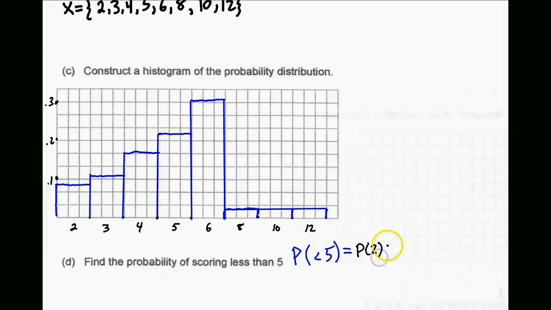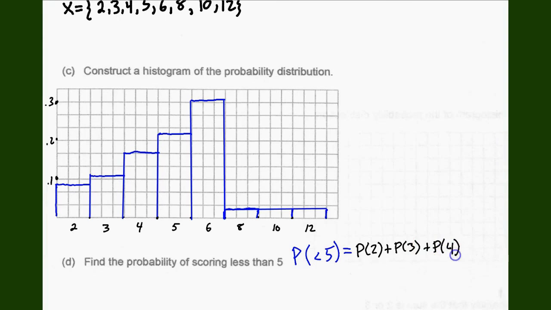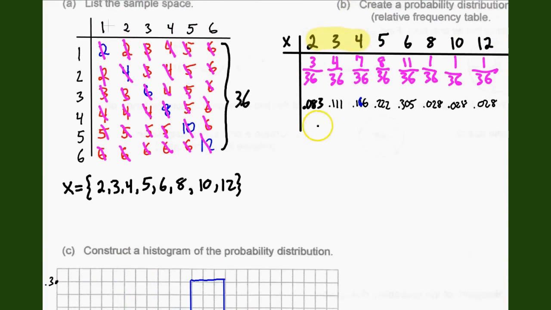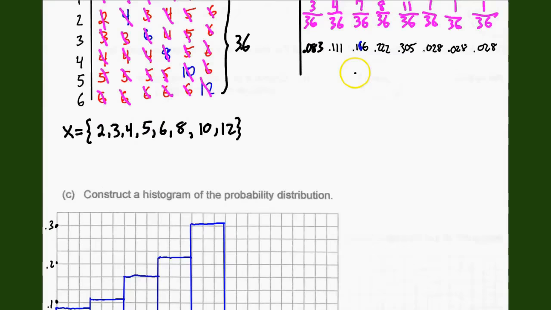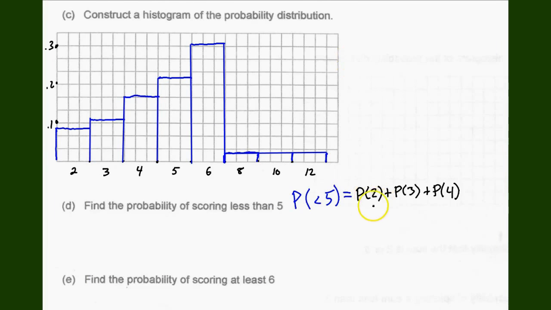Probability of getting a 2 plus probability of getting a 3 plus probability of getting a 4, which are 3, 4, and 7 out of 36.